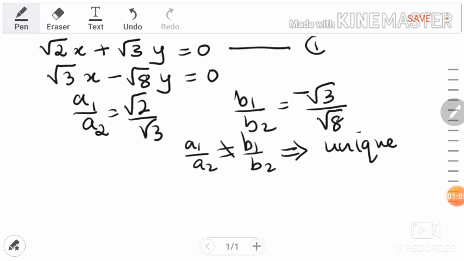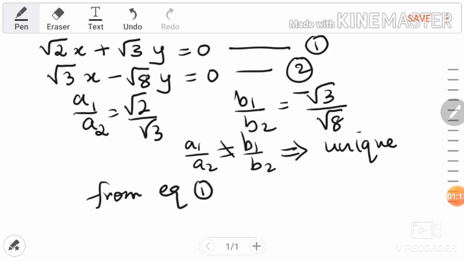We'll mark these equations as 1 and 2. From equation 1, you can find the value of any variable in terms of the other. So let's take any variable, say root 2x. We'll rearrange the equation.